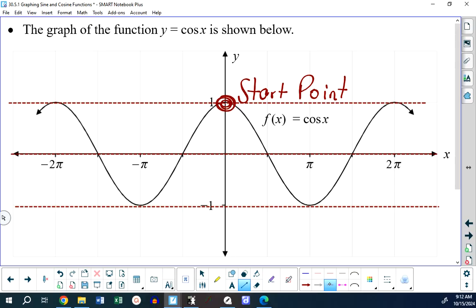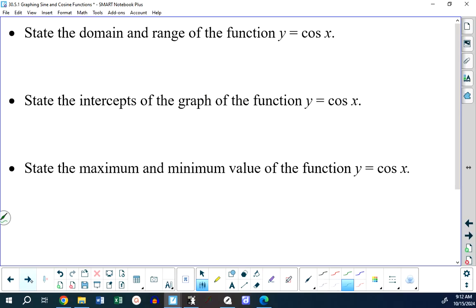Before I get away from here, you can note that there's an x-intercept at pi over 2, 3 pi over 2. The x-intercepts occur every pi radians.